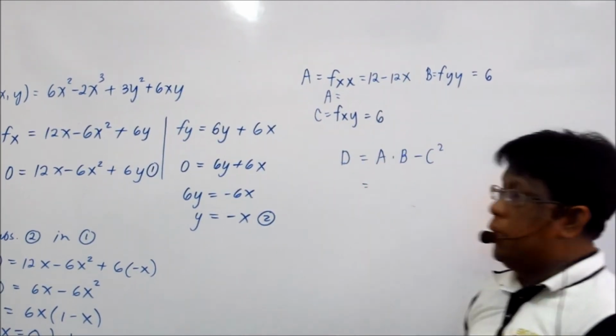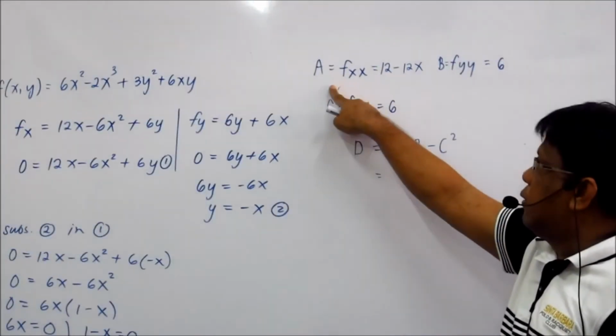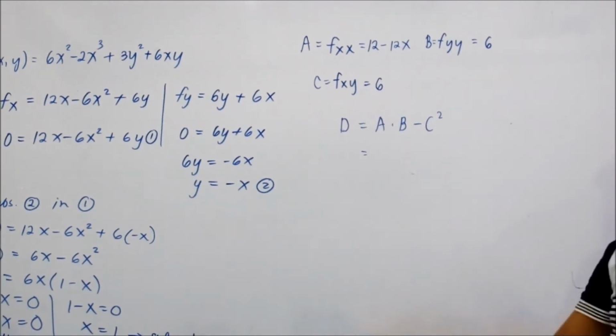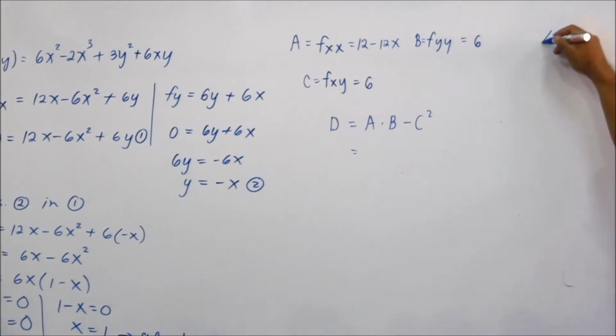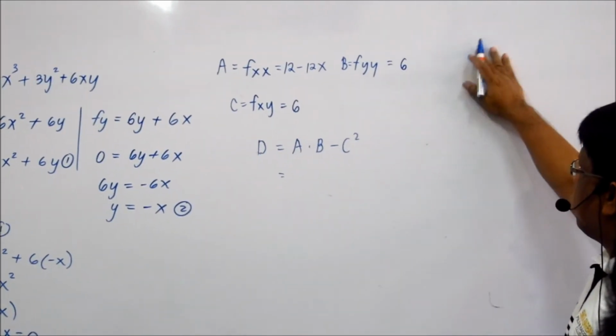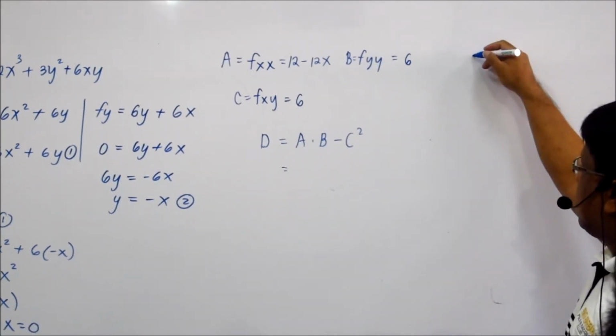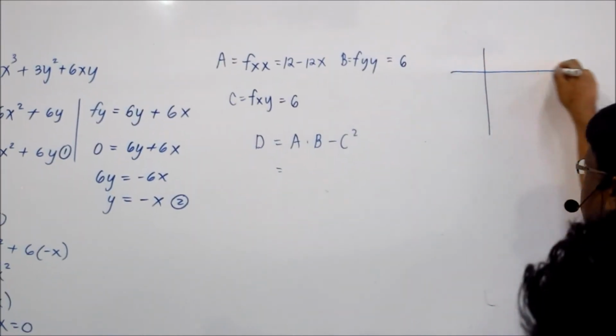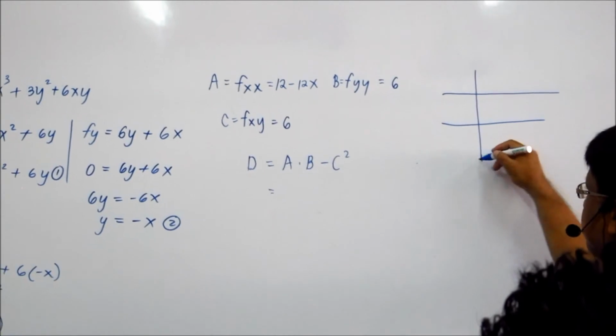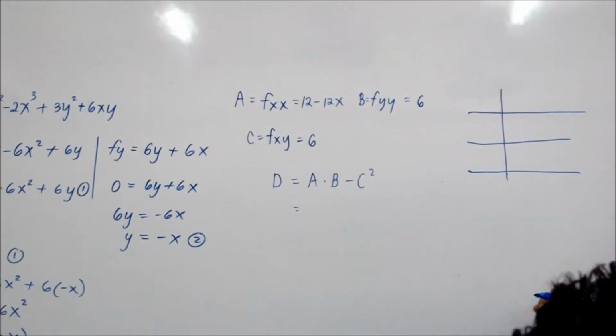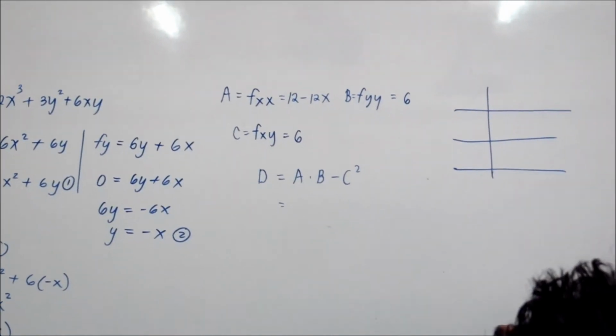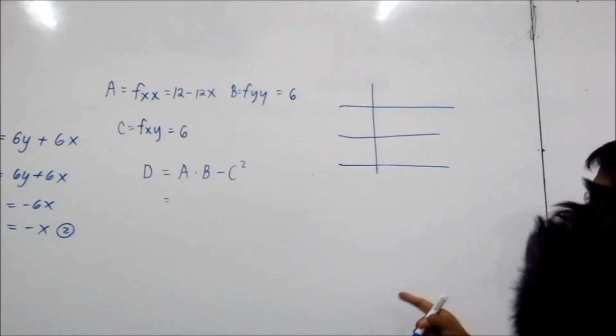There are 2 x values here. One is 0, the other is 1. So let's prepare a table for us to define easier if the given point is a maximum or a minimum.